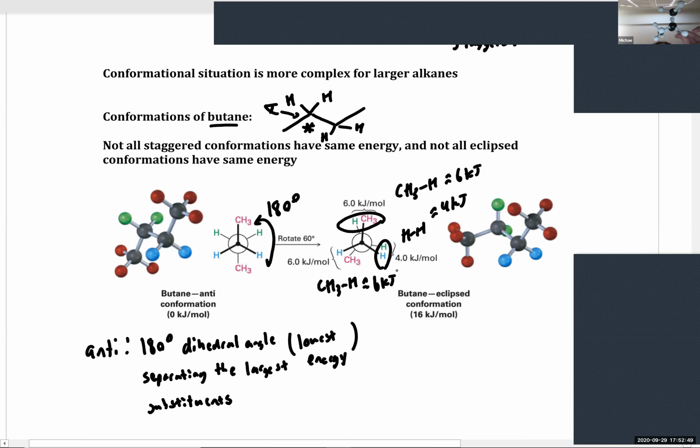Okay, so far, so good. But there is more than one eclipsed conformation, and there is more than one staggered conformation. And what we're going to talk about next are some very interesting conformations. Is everyone following along so far with this analysis?